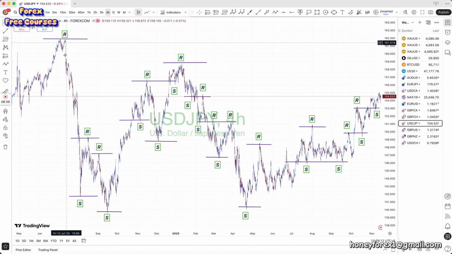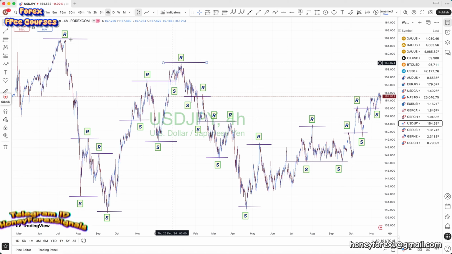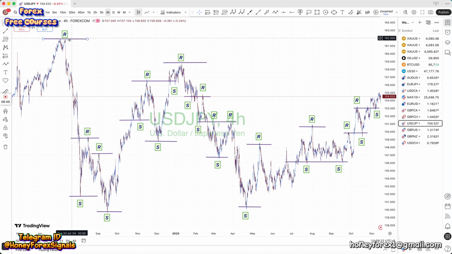Resistance. First support breakdown, so the market never breaks out of resistance. Market retests and again goes down. Resistance area, support.